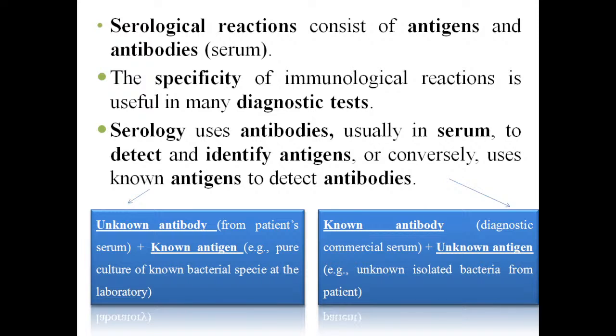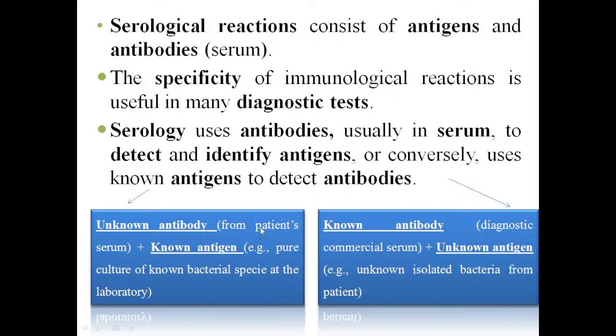Serology uses antibodies, usually in serum, to detect and identify antigens, or conversely uses known antigens to detect antibodies. So there may be two variants. When we have unknown antibody, it is patient serum.